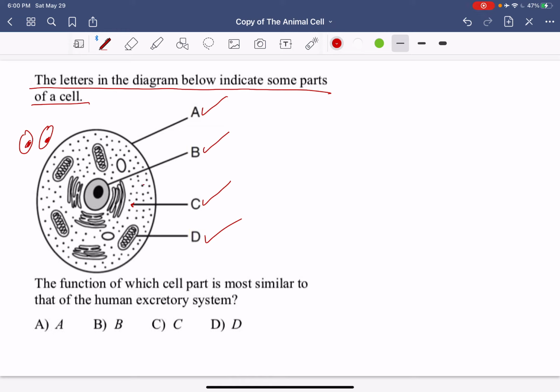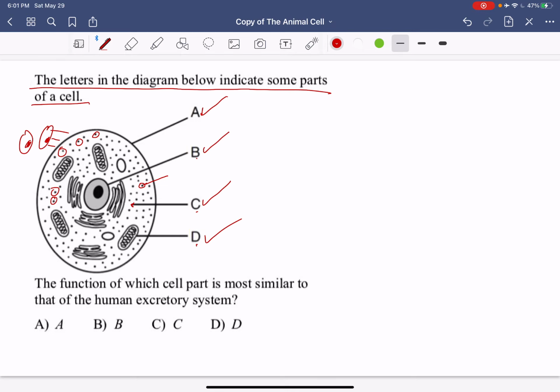If it were pointing to one of these little guys, then we know that this is a ribosome. This is when I was talking about the ribosomes and how they're sometimes free floating in the cytoplasm. But again, A is cell membrane, B is nucleus, C is the cytoplasm, D is the mitochondria.